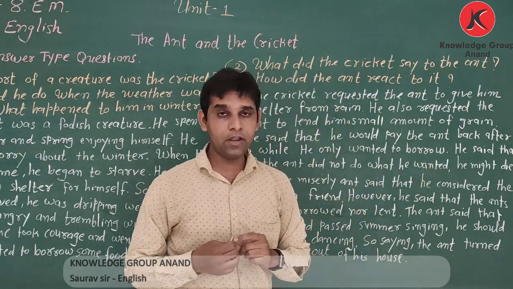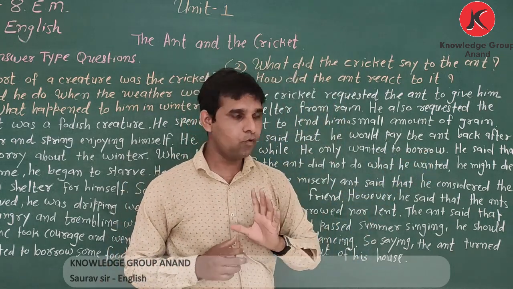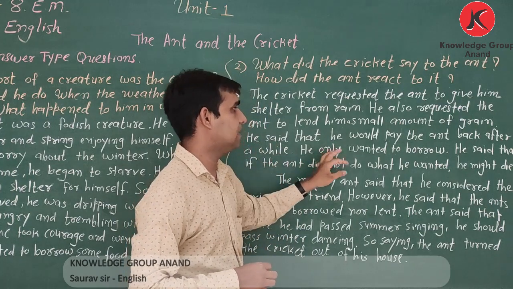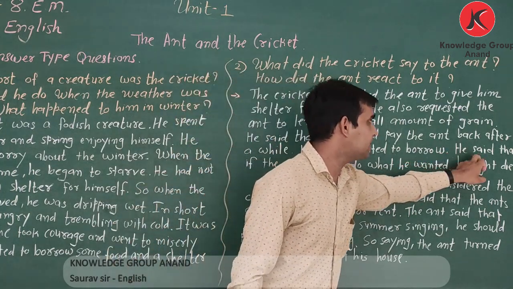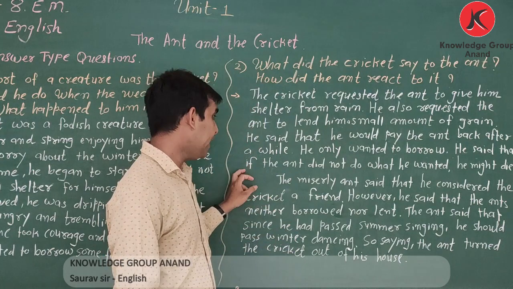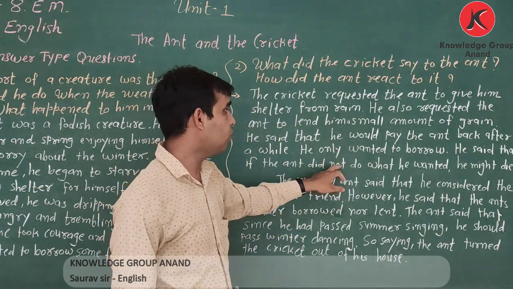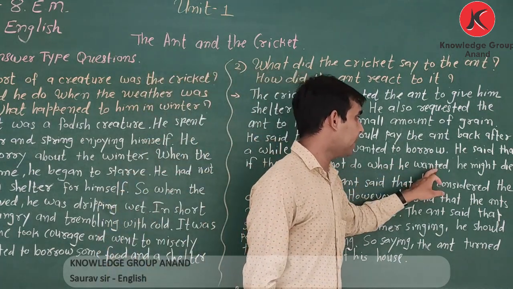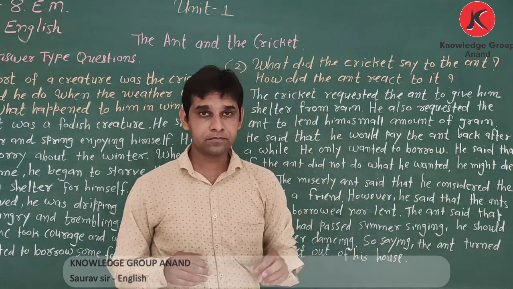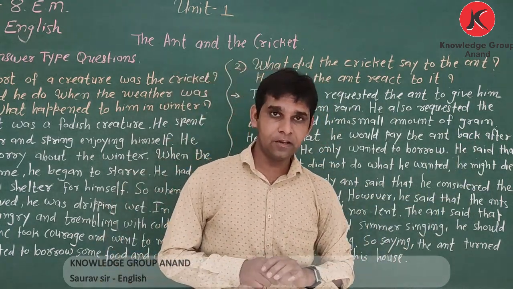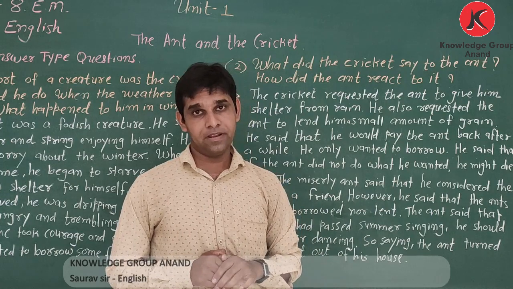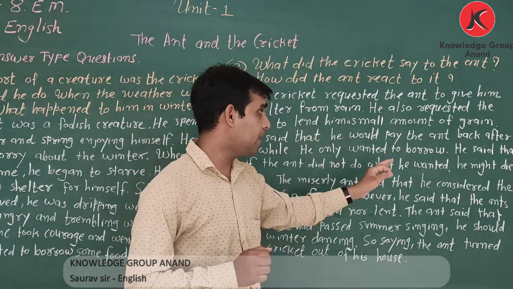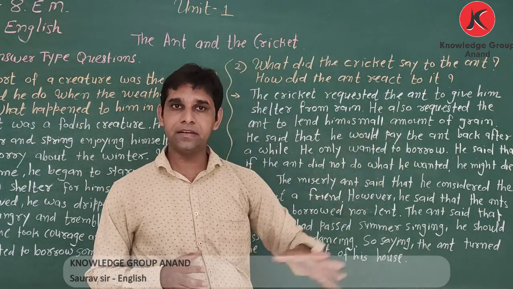What did he want? Only shelter and food. That is, these two things he wanted to borrow. He said that if the ant did not do what he wanted, he might die. If the ant wasn't ready to give him shelter and food, he might die.